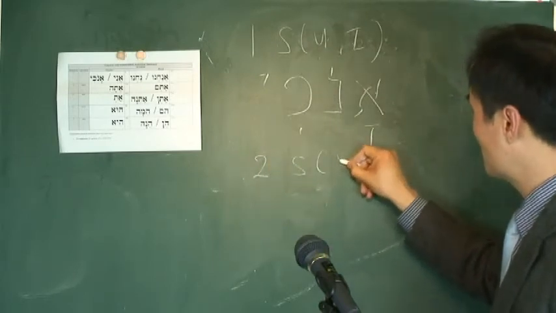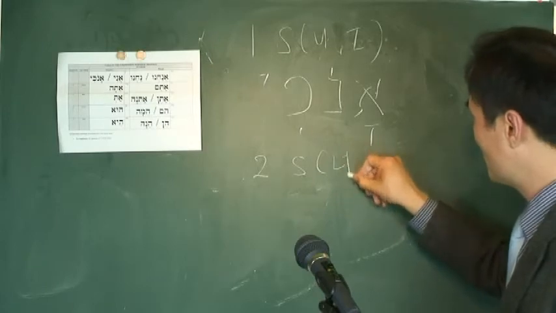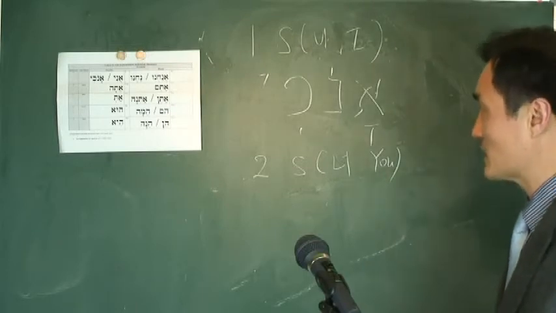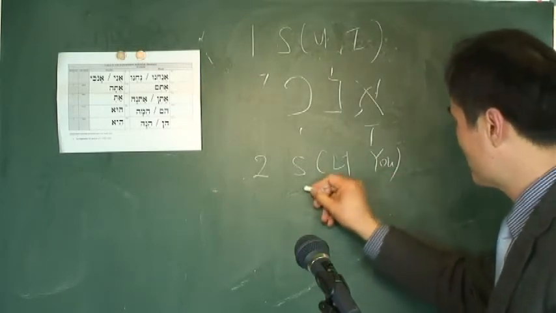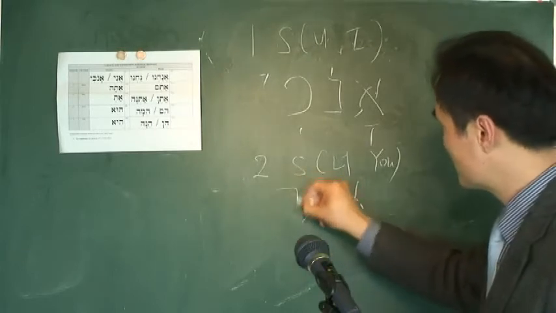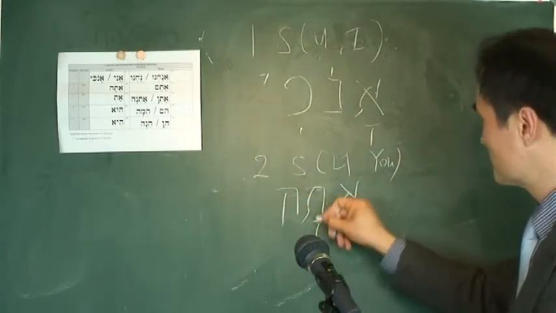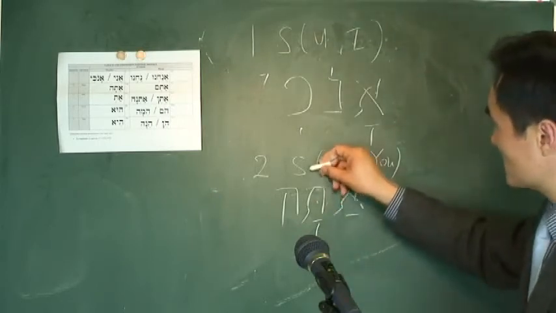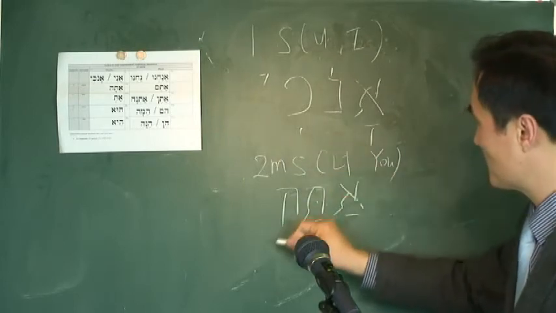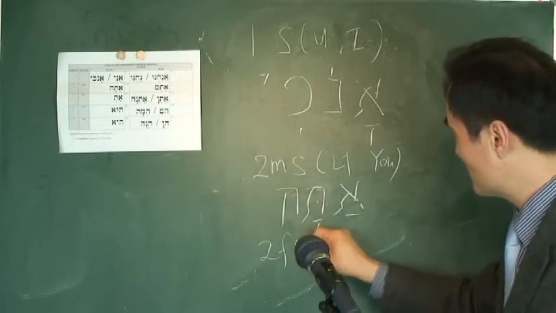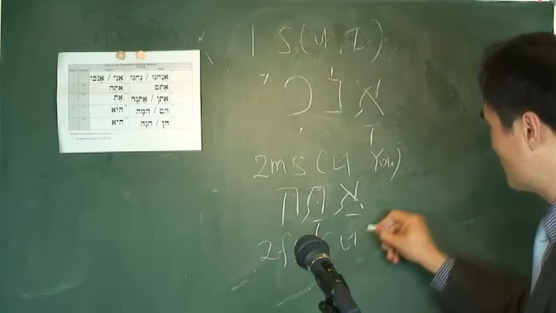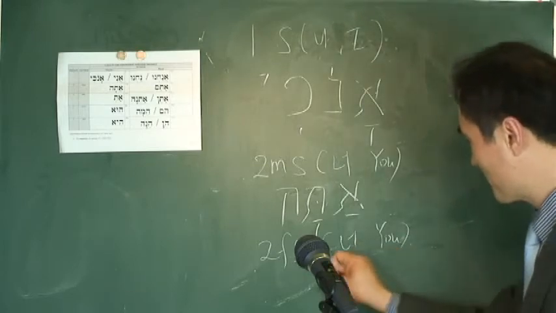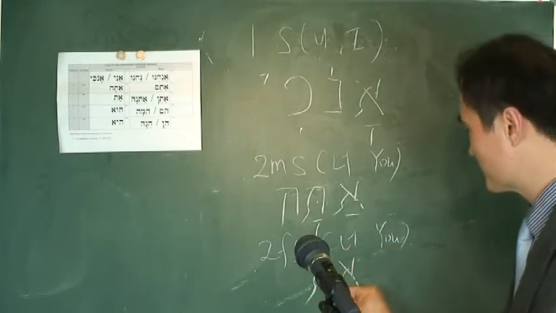Next, the second person singular you is Ata. This is also the second person masculine singular. The second person feminine singular you is At.